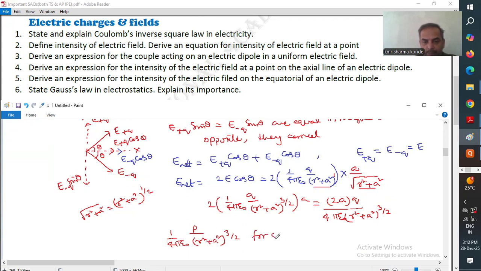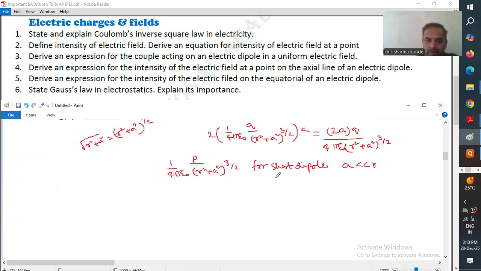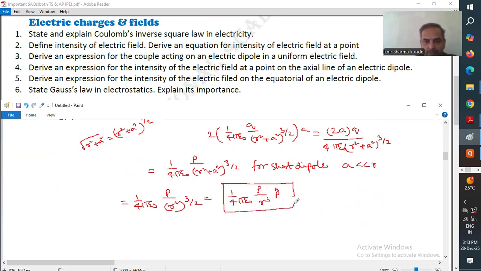For a short dipole, A is less than R. So keeping that in mind, we can rewrite this equation as 1 by 4 pi epsilon naught P by R cube. P is the unit vector, you can say. This is the final desired equation.